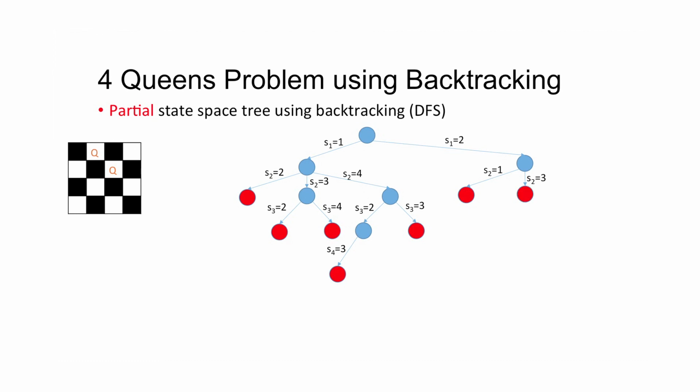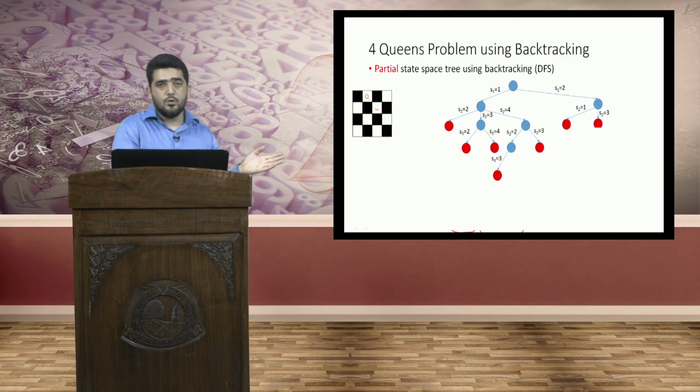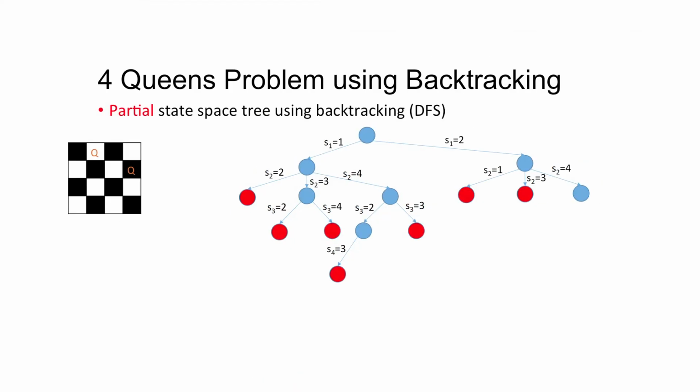So we stop exploring other possibilities using this sub path, and we place the queen in the next available free column, that is column number 4 for the second row, and we find out that the currently placed queens are not attacking. So it is a possible sub path that can be explored further.